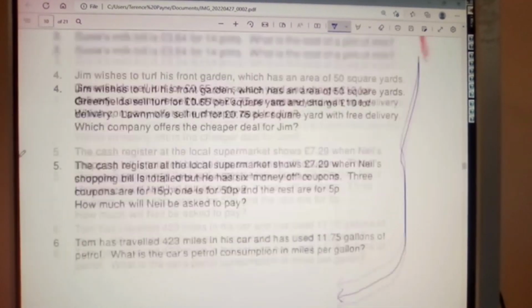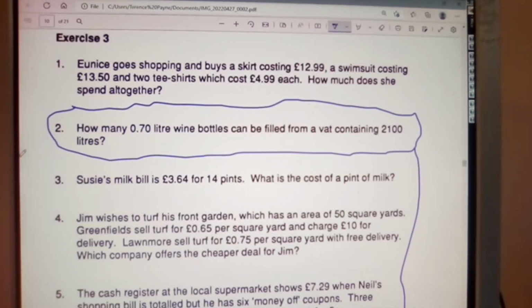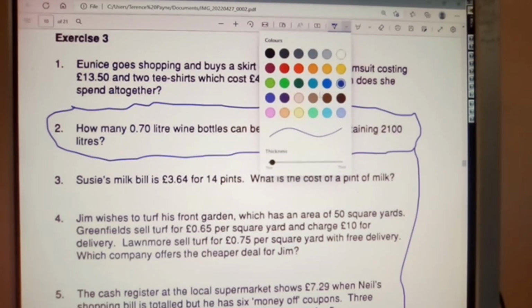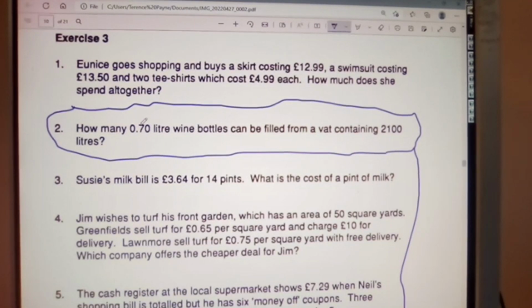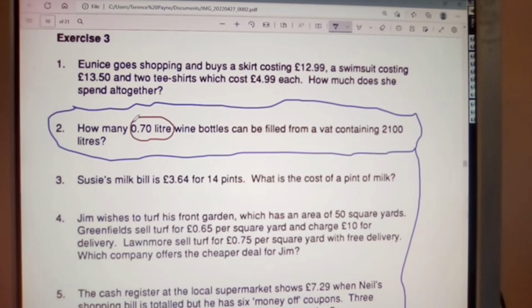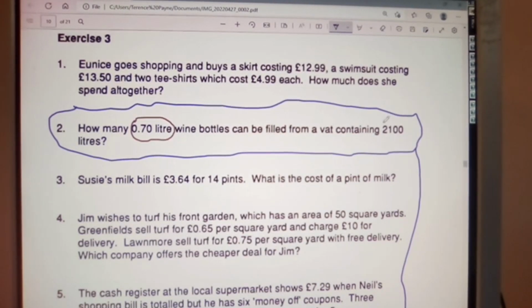Now, what we have to do is extrapolate the information. Let me change the color of my pen, and I'm going to go to brown. We need this information.